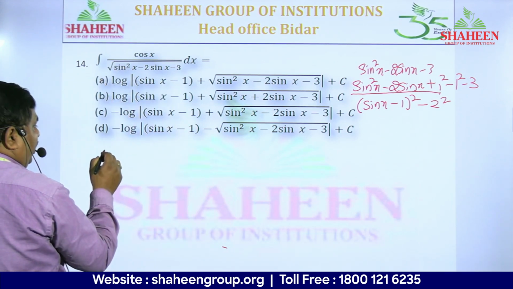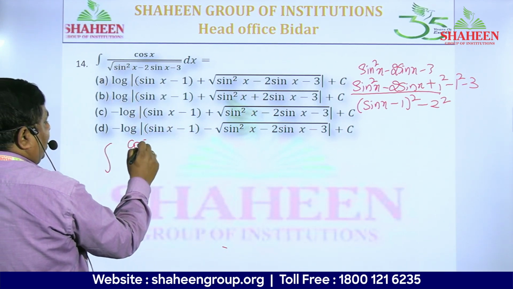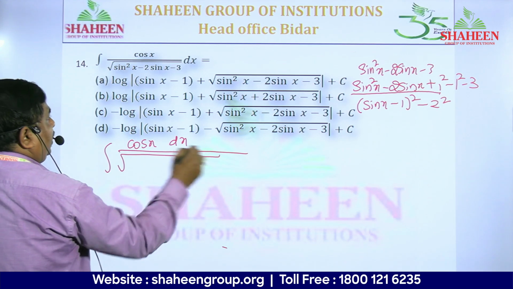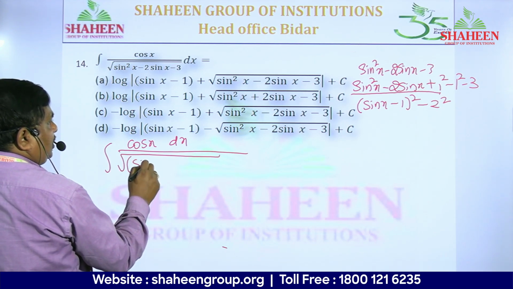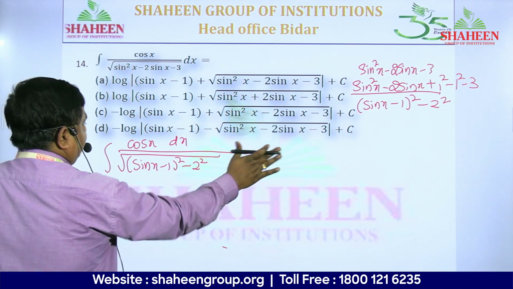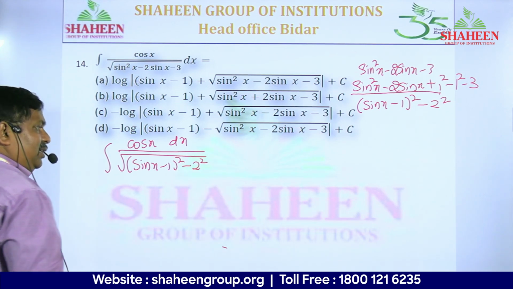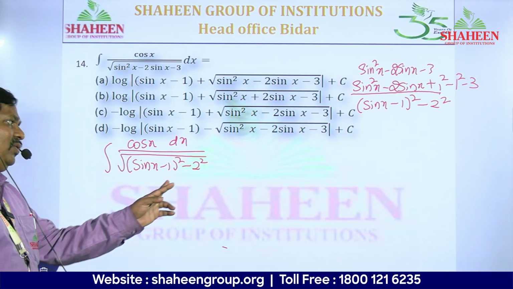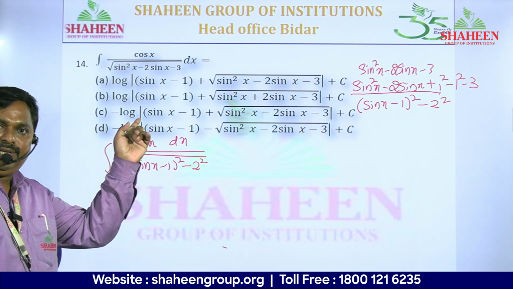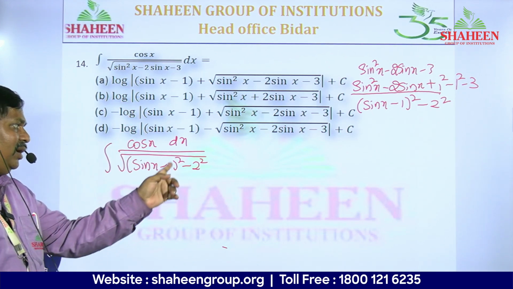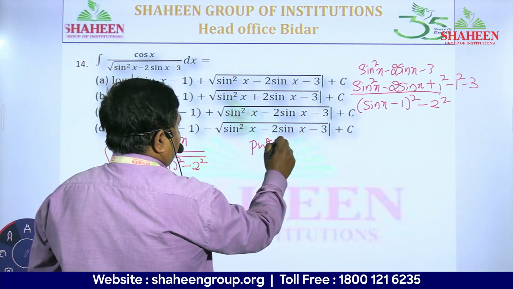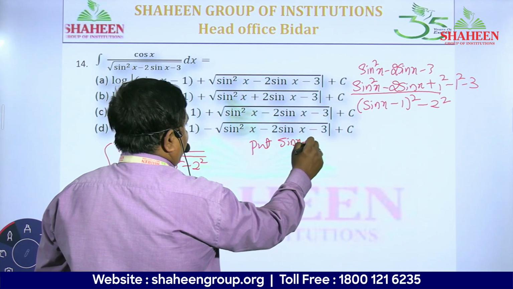Then the given integral becomes cos x dx divided by under root (sin x minus 1) whole square minus 2 square. In this, you can see that we can substitute sin x minus 1 equal to t, and the derivative of sin x is cos x here. Sin x minus 1 is equal to t.